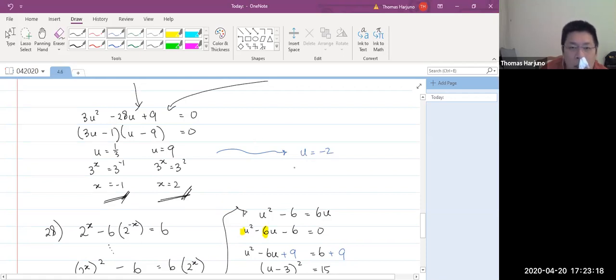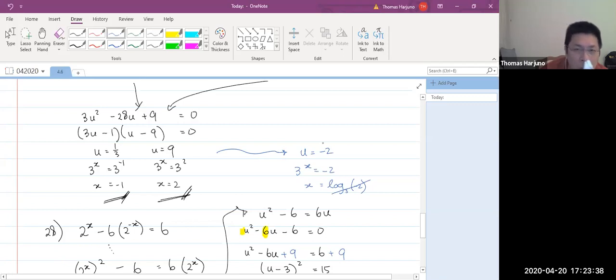Now, 3 to the x equals negative 2, then x equals log base 3 of negative 2. But that's impossible. So in that situation, from this branch, there's no solution.